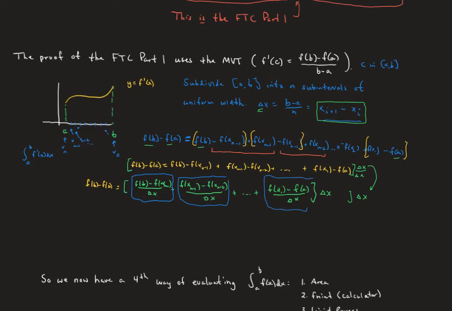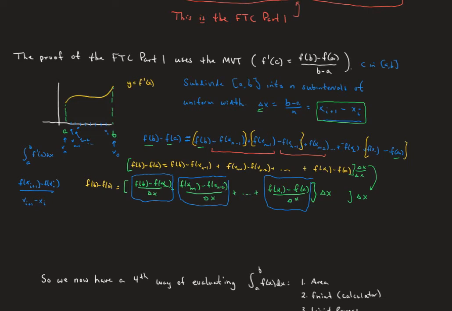So for each of these n expressions, that is f of x sub i plus 1 minus f of x sub i over the delta x, which is x sub i plus 1 minus x sub i.